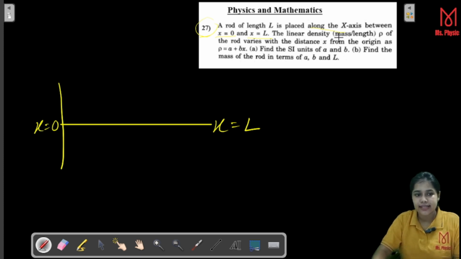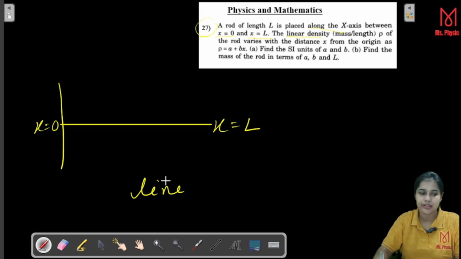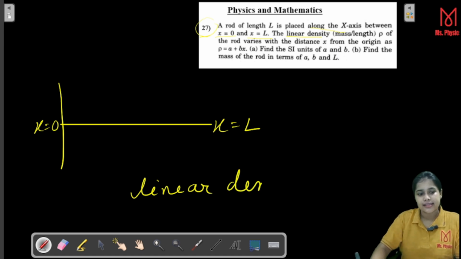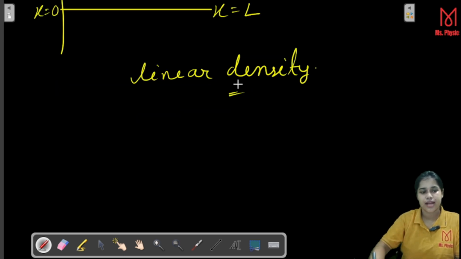The linear density: as we know, density is mass by volume, but when it is asked as linear density, you always remember linear means length. I also used to remember it like this.